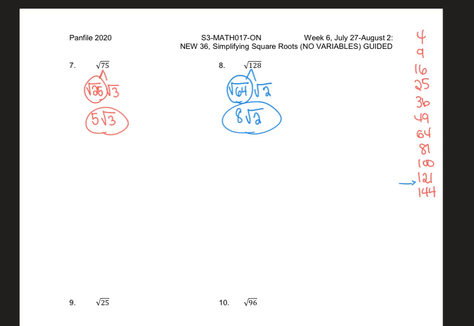Take time to practice, doing 128 divided by 100, 128 divided by 81, 128 divided by 64, and looking to make sure, okay, I got a decimal, it doesn't work. I got a decimal, it doesn't work. Oh, I didn't get a decimal. That's the one I want. Because then it's going to give you good practice for what you're doing.